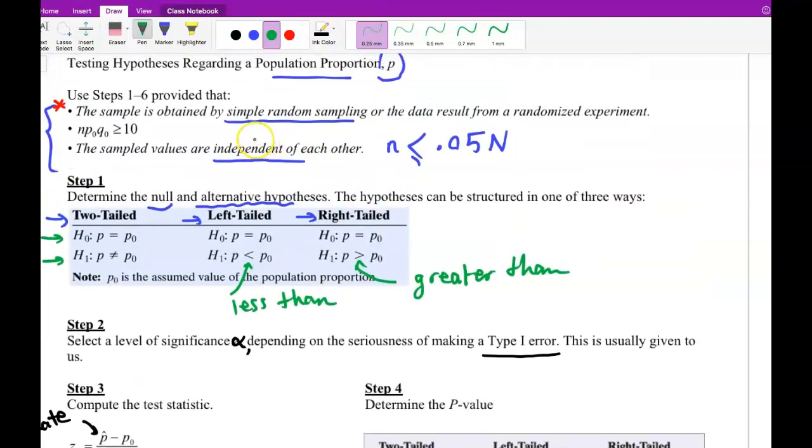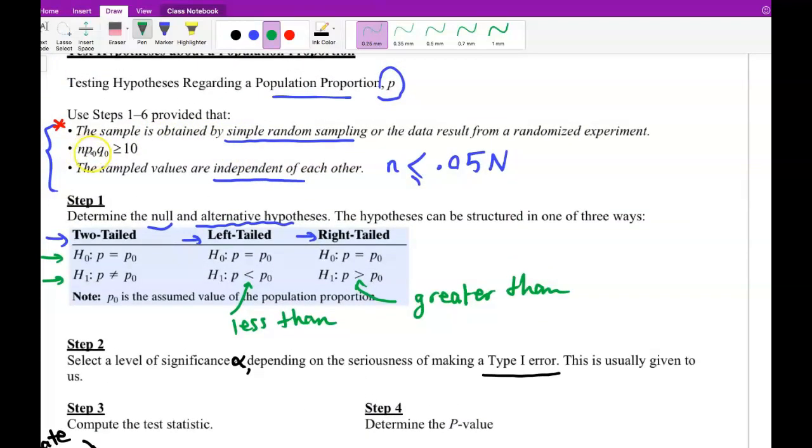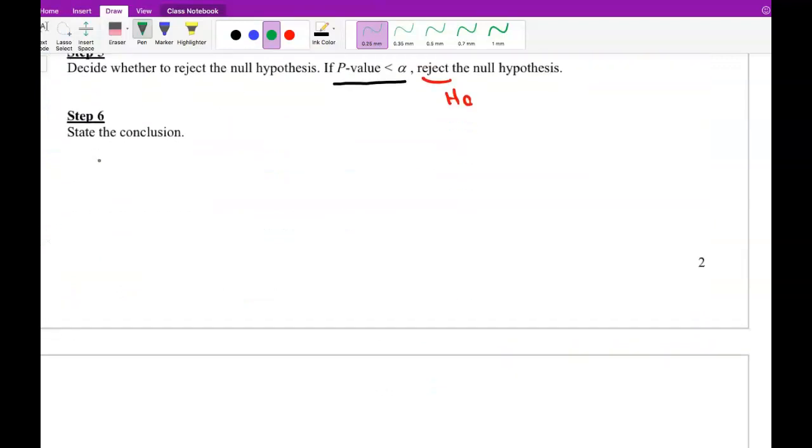Now working on this part, n times p times q. I want to see if that is greater than or equal to 10 or not.